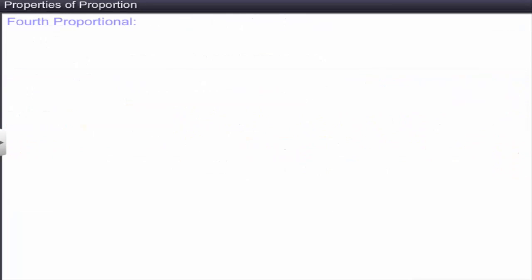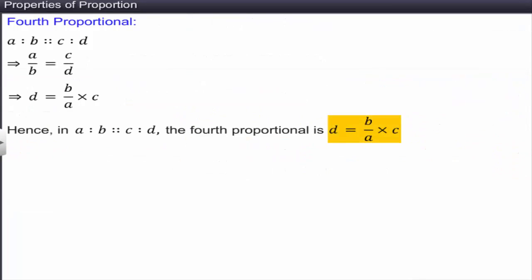In a proportion, if the first three terms are given, then the fourth proportional, D, can be obtained as shown here. Thus, D is equal to B upon A multiplied by C. Let's see an example based on this concept.